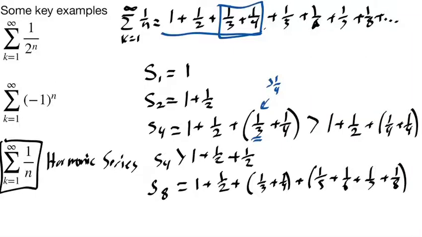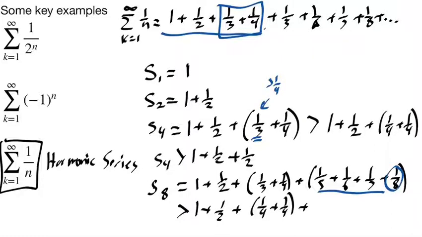And what I'll notice is just like this first term is bigger than a fourth plus a fourth, all of these terms over here are bigger than my 1/8 term. So this must be bigger than an eighth plus an eighth plus an eighth plus an eighth. But what you notice is my 2/4 come out to be a half.